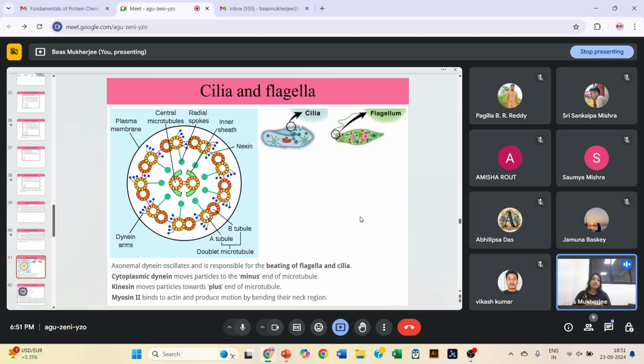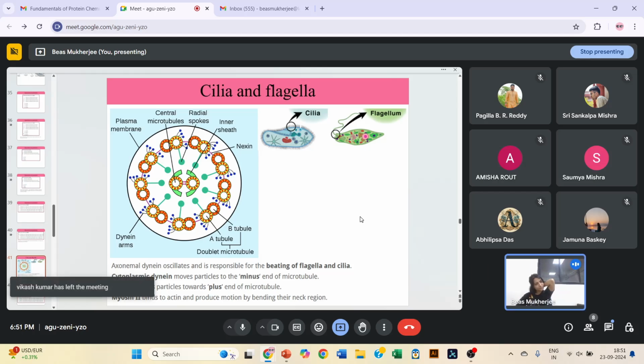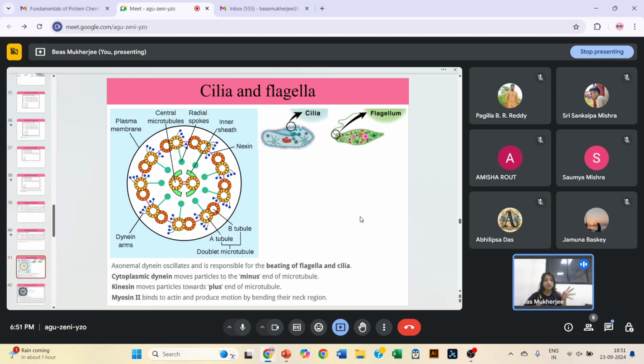What about flagella? Flagella flips around and helps the bacteria to move. So both cilia and flagella are helping in locomotion. Cilia is also helping in other things such as reproduction, and sticking to a surface. So you can read about that.